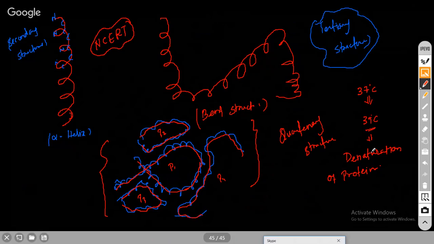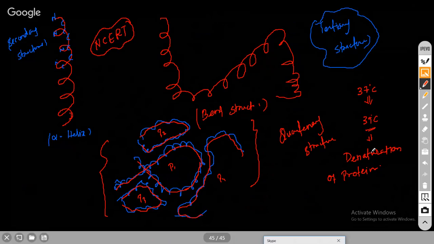Okay, one note you write down here. Insulin contains disulfide bond, and consists of two polypeptide chains.